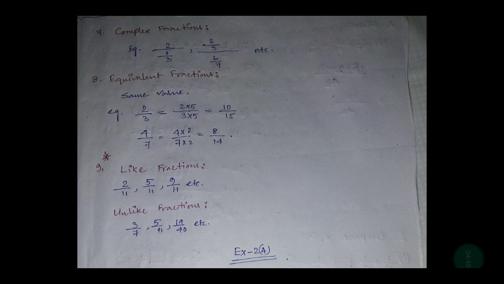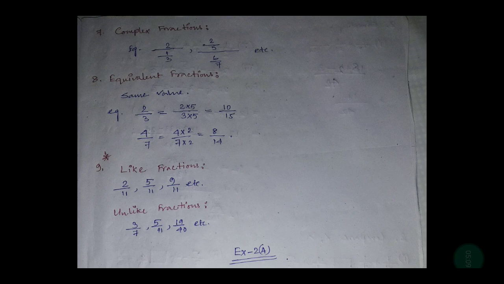So see, the numerator is 2 and the denominator is 1 by 3. 1 by 3 is itself a fraction. So a complex fraction is a combination of a whole number and a fractional number, all together in one fraction. Equivalent fractions means fractions which give the same value.